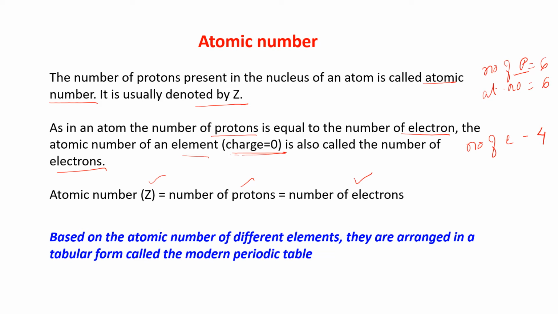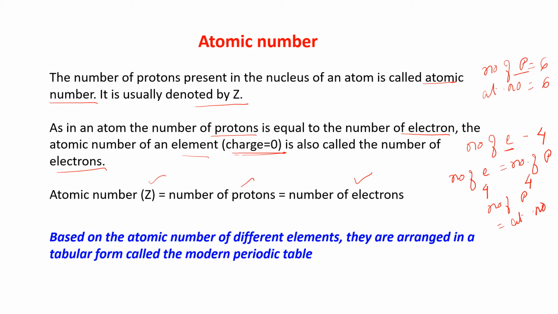So atomic number is not the number of electrons, but you know that in an atom, the number of electrons is equal to the number of protons. So if the number of electrons is 4, the number of protons is also 4. And you know that the number of protons is equal to atomic number.